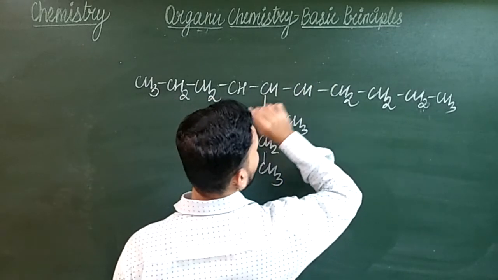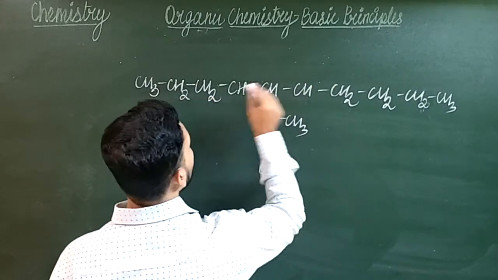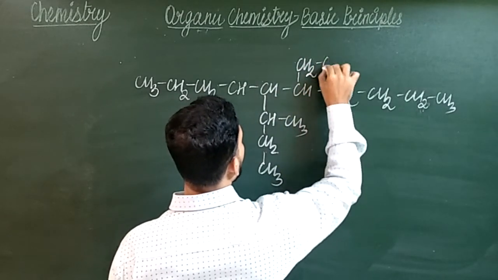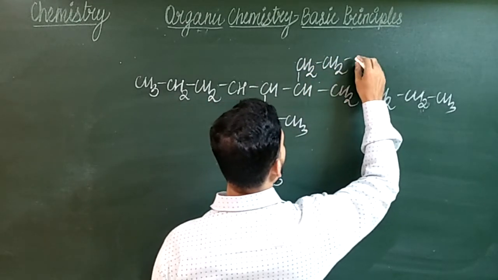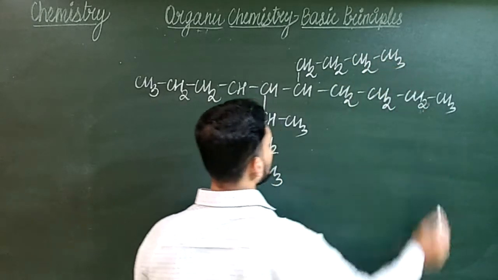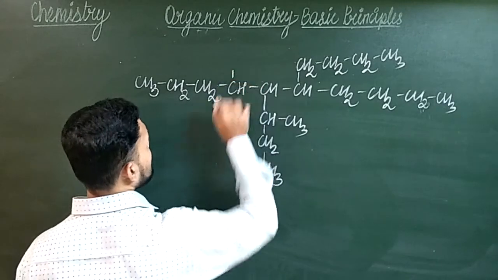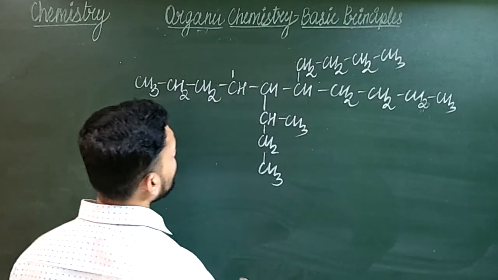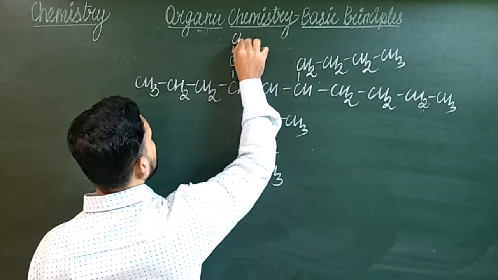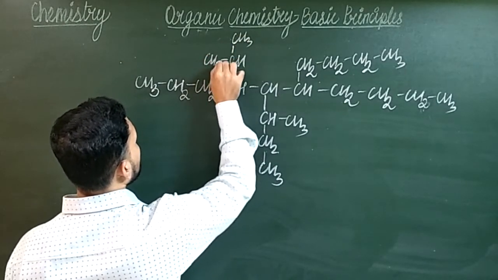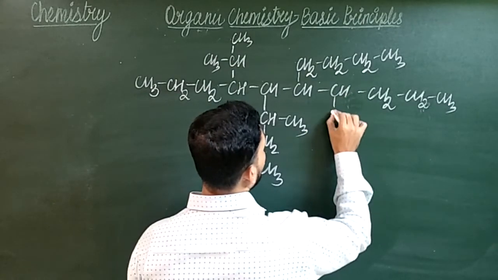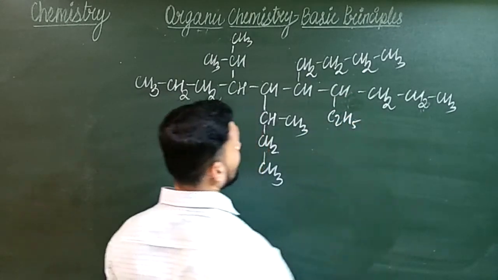This would be CH2, CH2, CH2 and CH3, and let us say CH, CH3, CH3, and let this be C2H5.